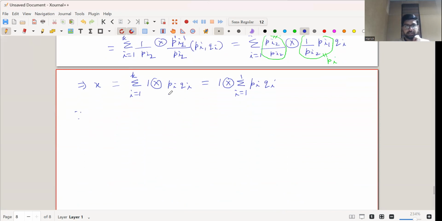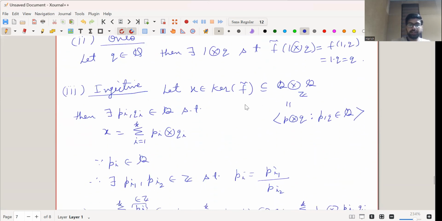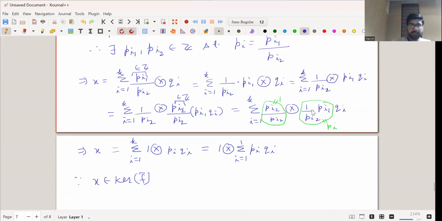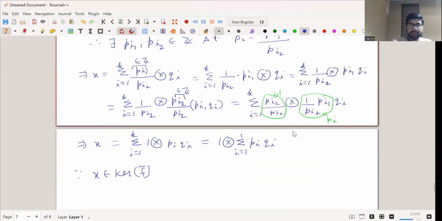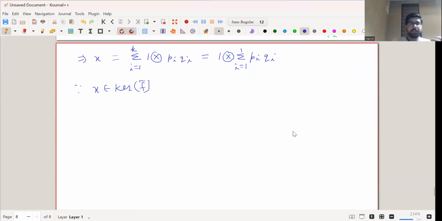Now since x belongs to the kernel of f delta, now we will use the portion that says x belongs to the kernel of f delta. But this calculation is very important. Whatever we did, we are going to use it again and again. So be familiar with this shifting of elements of the ring from one side to the other. That is very crucial while dealing with tensor products. Now x belongs to the kernel of f delta means f delta of x is equal to 0.